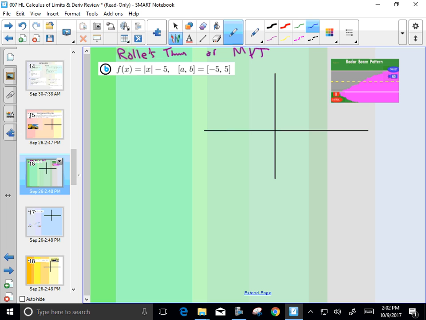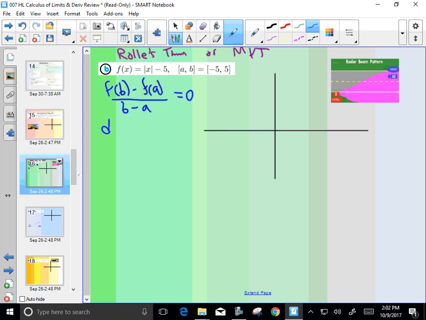So for Rolle's theorem, all you have to do is two things. Show what the slope is, f of b minus f of a over b minus a. For Rolle's theorem, what does the slope between the points have to be? 0.